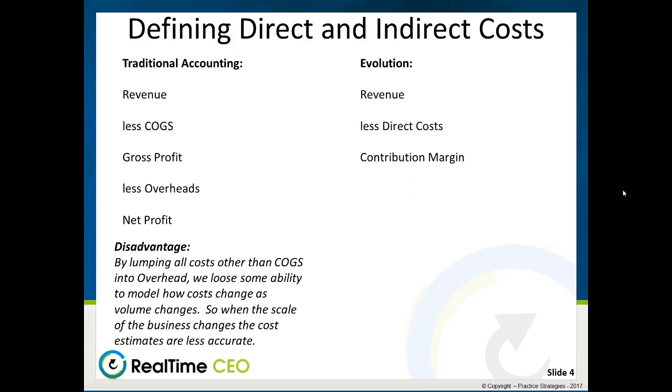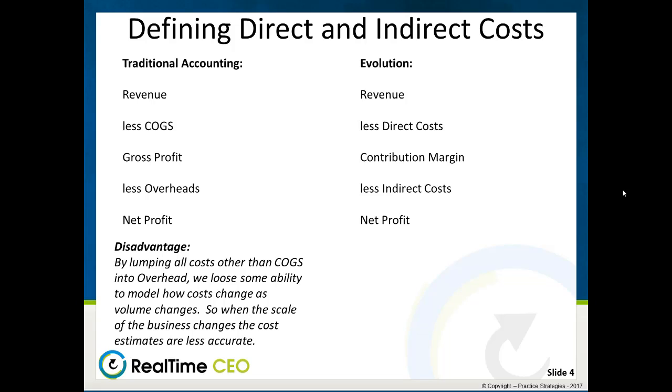Compare that to the evolved definition of costs where we have revenue less direct costs gives us a new term called contribution margin. So called because out of our sales revenue, once we've removed all direct costs, how much is going to be left to contribute towards indirect costs and contribute towards profit. From contribution margin, we deduct indirect costs and that brings us to net profit.